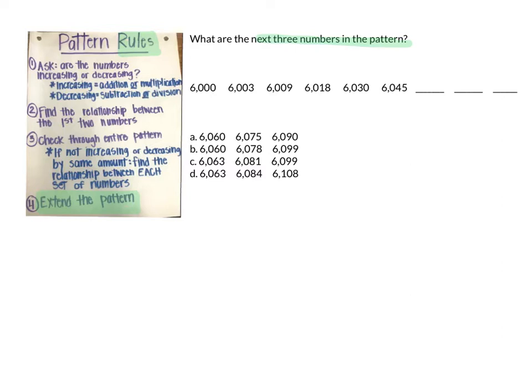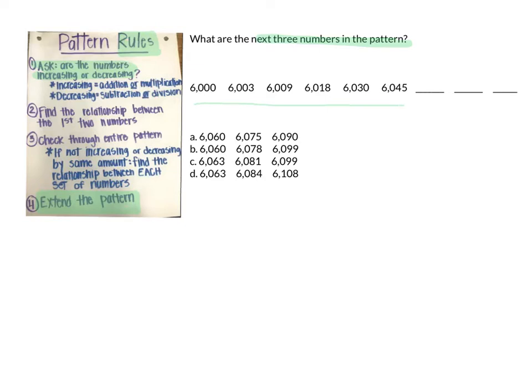So the first thing we need to do is look for our rule. So let's go to our anchor chart, look at step 1. I need to ask myself, are the numbers increasing or decreasing? So let's look at our pattern. 6,000, 6,003, 6,009, 6,018, 6,030, 6,040.